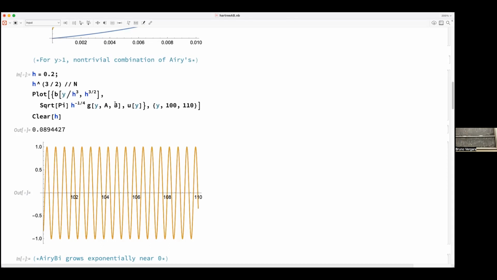My G here has some prefactor that basically tries to compensate because I'm using the Lebesgue measure instead of the measure that I'm using.